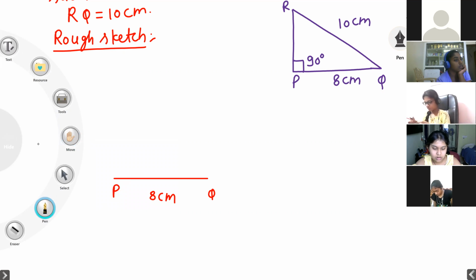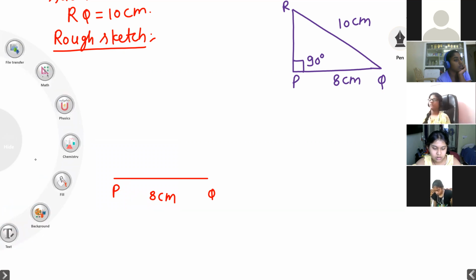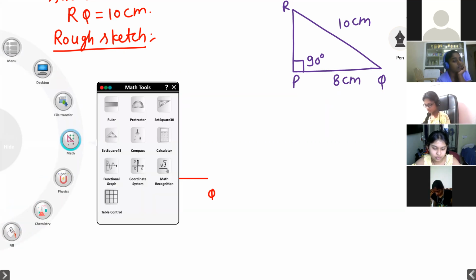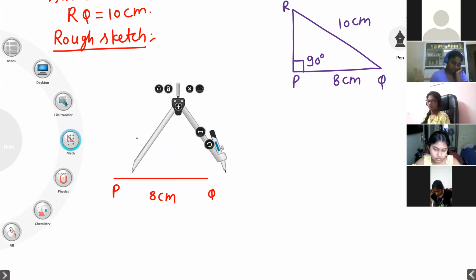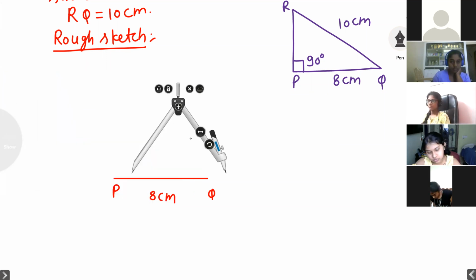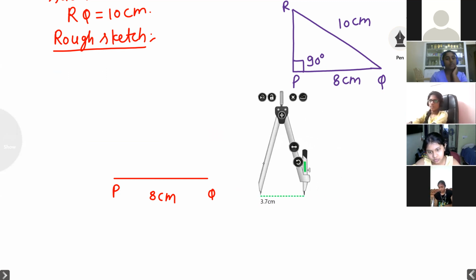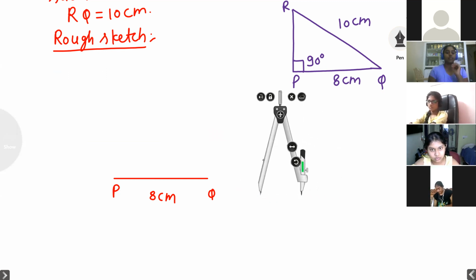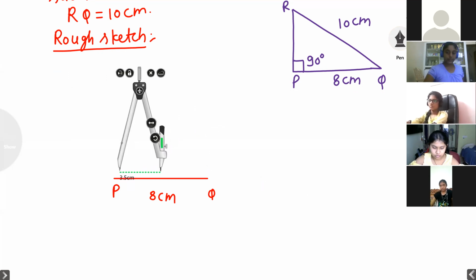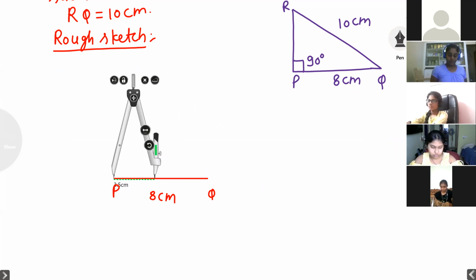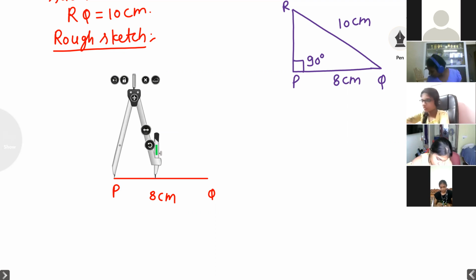In the rough sketch, angle P is the 90-degree angle. Means I want to keep my metal point at point P. You can take any arc of radius like 3 centimeter, 4 centimeter, depends on you.